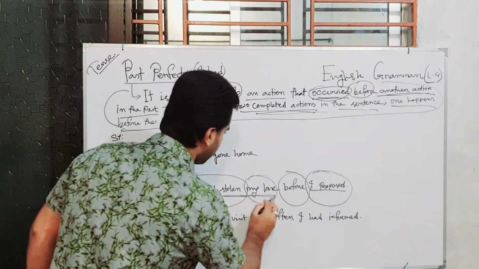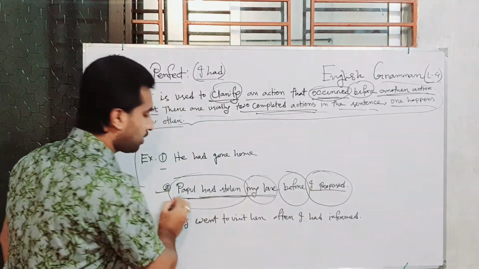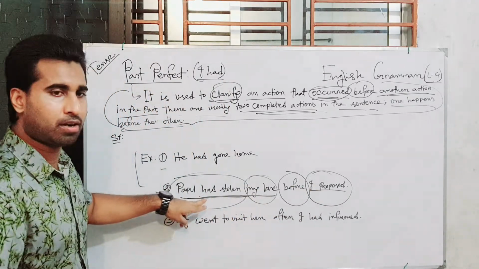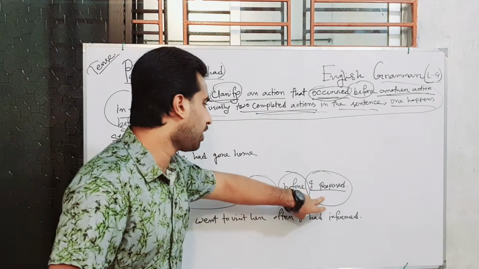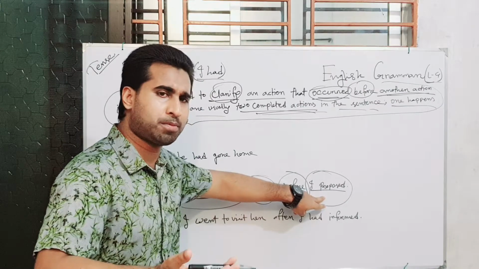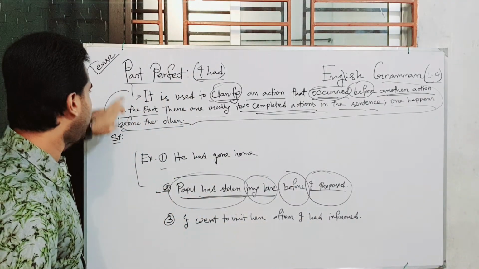Papul had stolen my love before I proposed. This action happens first, and then I proposed. That means I didn't get to propose first.